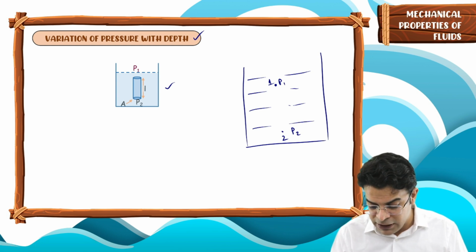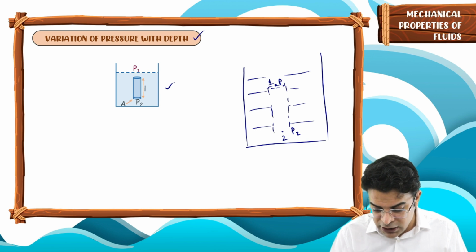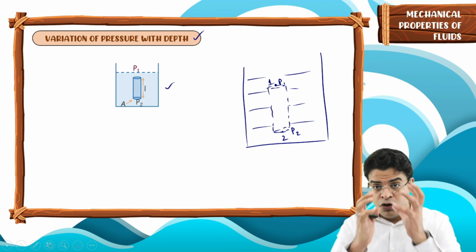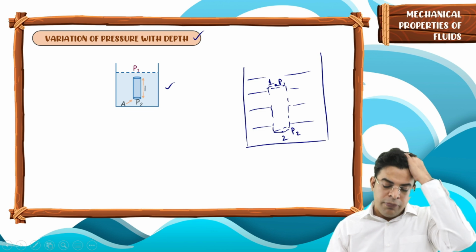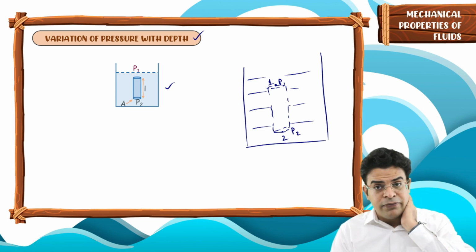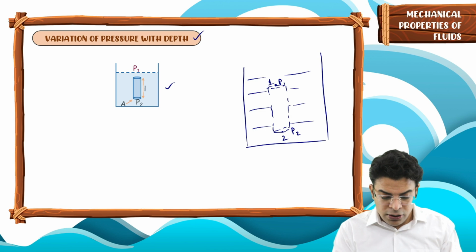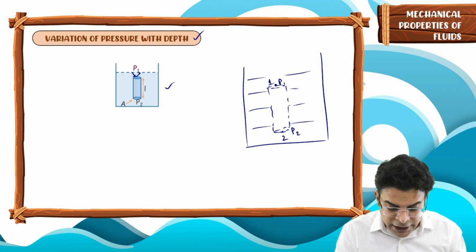So if we imagine a cylindrical volume of this fluid, then the net force on this cylindrical volume of the fluid has to be zero. Because of the fluid above it, there will be a force in downward direction because fluid molecules will be coming, colliding and bouncing back.